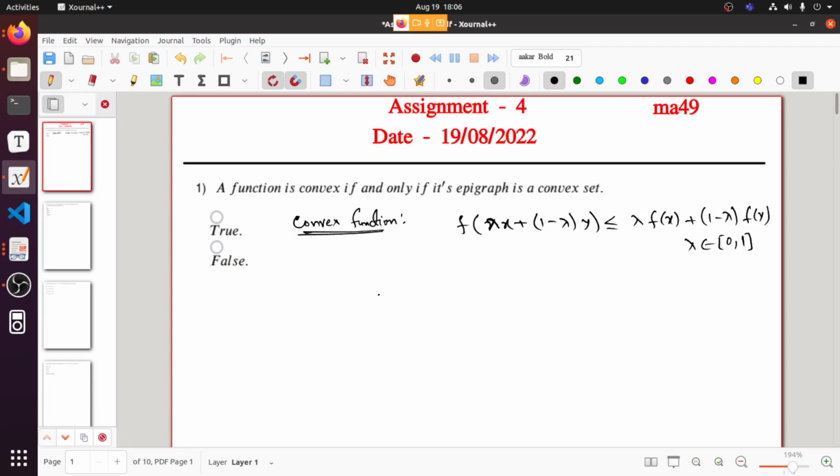And what is the definition of epigraph? How is it defined? The epigraph is a set.